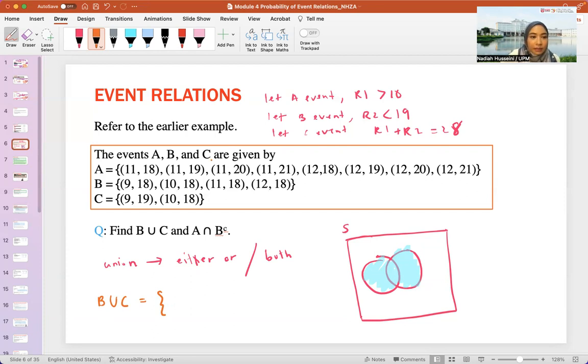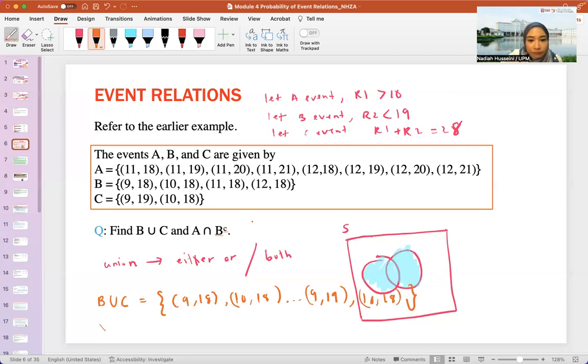All of that in B and also in C will be included in this set. So let's write that: 9, 18, 10, 18, and so on, 9, 19, 10, 18. All of that in B and C will be inside B union C because it's either or, or at the same time both.